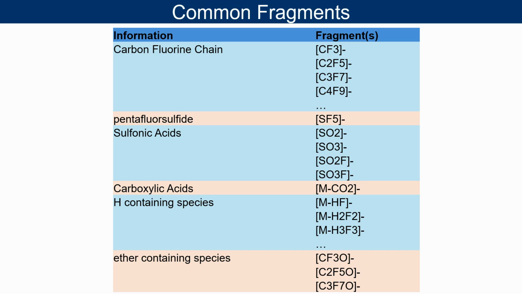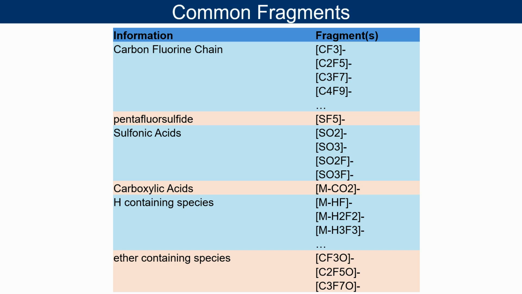And these are some of the common fragments for those. So you don't have to memorize these. Most software will annotate these fragments for you, such as FluoroMatch, but it's just good to know. And especially for these fragments, especially the low mass fragments, there's no other formula that can be predicted for these masses.